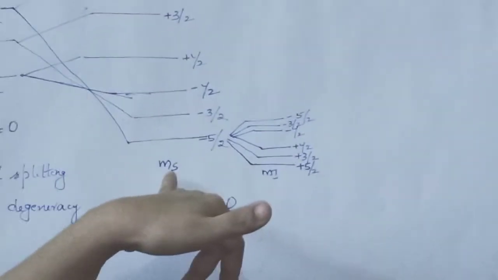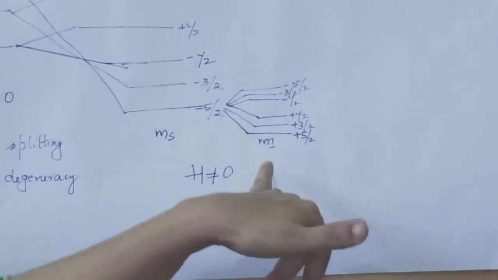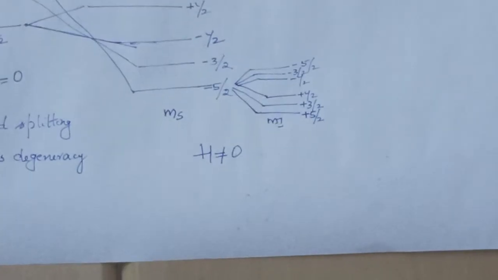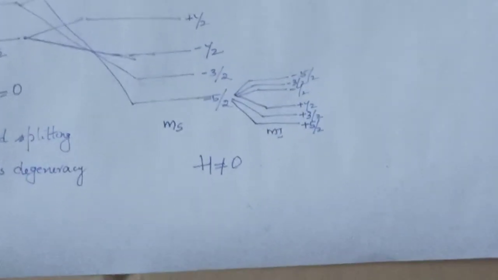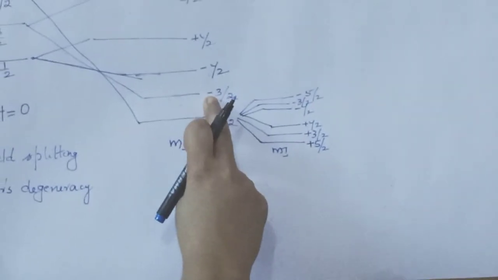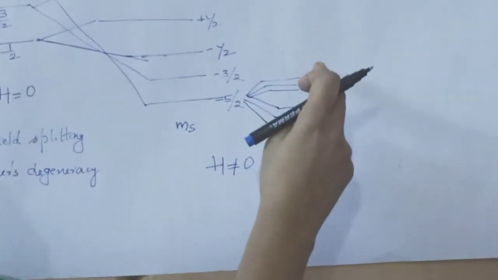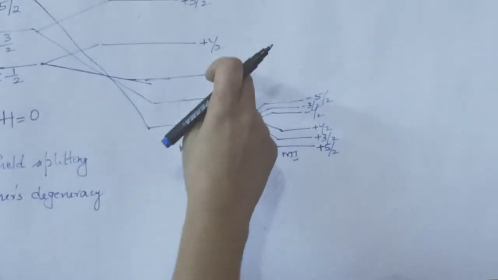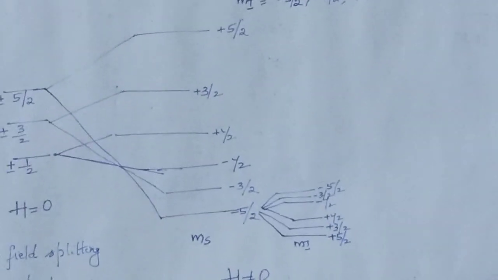Where ms has a negative value, mI will have a positive value as the lowest energy. So here also, the minus 3/2 spin state splits up into plus 5/2, plus 3/2, plus 1/2, minus 1/2, minus 3/2, minus 5/2. For each state you have to write like that.